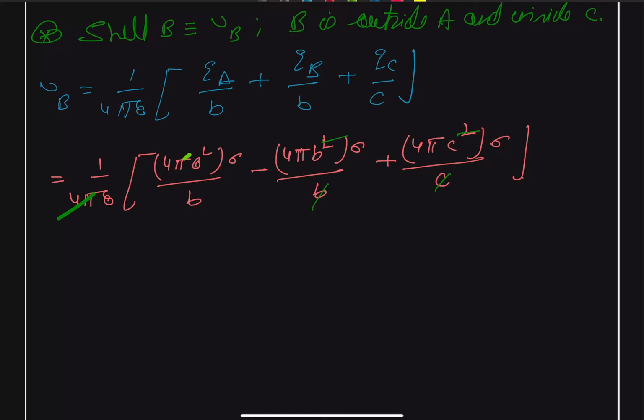Taking sigma as common, this comes as sigma upon epsilon naught, into A square upon B minus B plus C. So this is our VB.